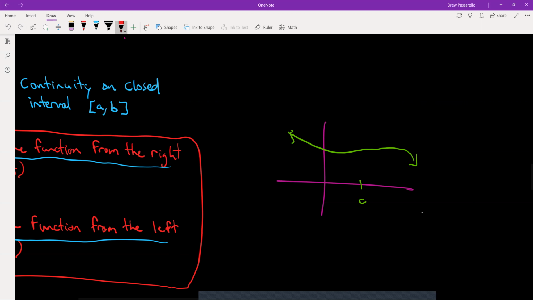The graph keeps getting closer and closer and closer to this point. And that point is going to be L. If I'm going from C to the right, you would say as x approaches C, but with the plus sign. The plus is just the notation they use to mean approaching C from the right side.